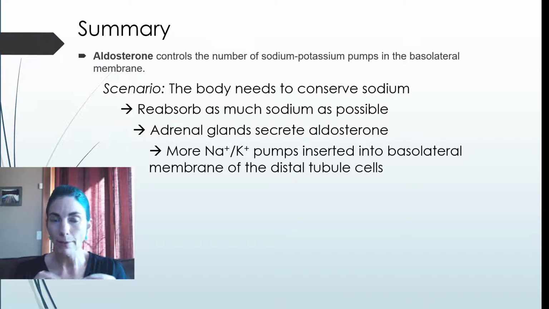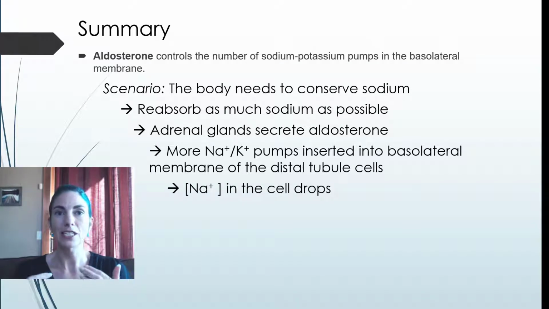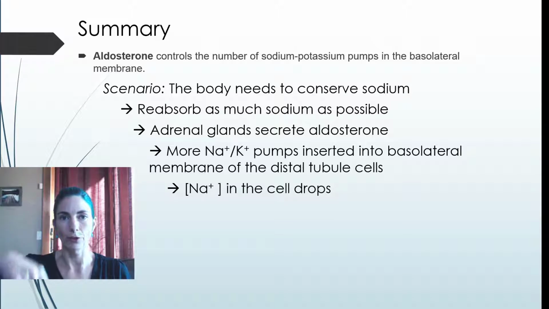So again, just the basolateral phase. This, of course, is going to decrease the amount of sodium inside the tubule cells. So by adding more sodium-potassium pumps, we kick out more sodium back to the extracellular fluid, and the level of sodium in the cell drops.